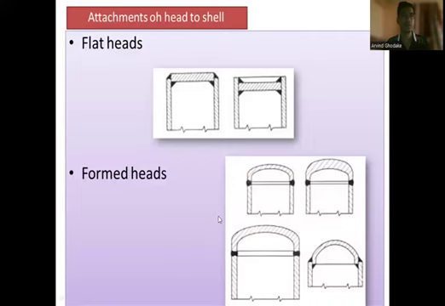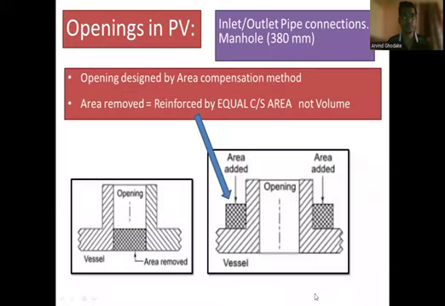Then the attachment of the heads to the shell. For a flat head, the attachment can be shown like this, with the welding joints provided, and for a formed head, the attachment is like this, with the welding joints shown. Then openings in the pressure vessel: inlet and outlet pipe connections and the manhole, generally 380 mm. Openings are designed by the area of compensation method.